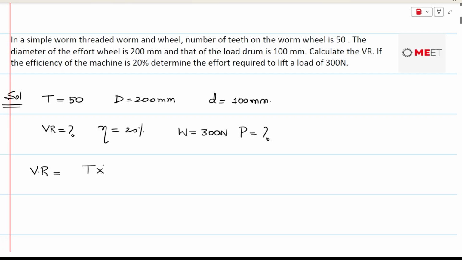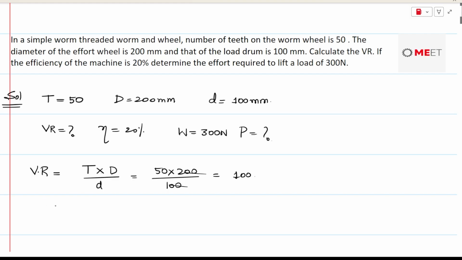So effort wheel diameter, that is capital D, divided by the diameter of the wheel where load is being attached, that is small d. So T is 50 into 200 divided by 100. So these two zeros will cancel out, and this will be 50 into 2, that's 100.